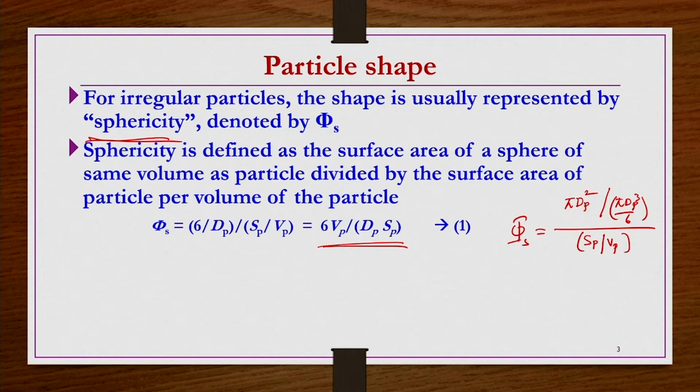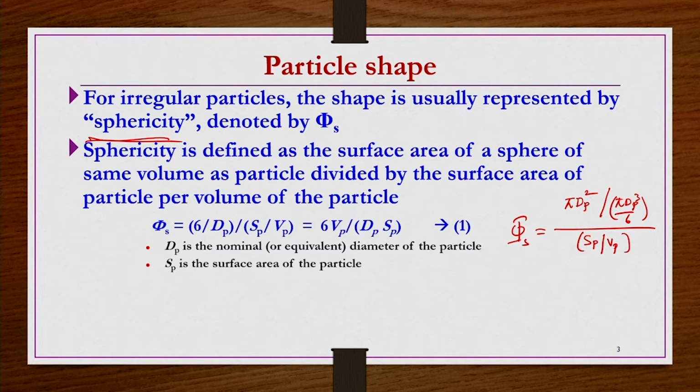That means for a given irregular particle, if you know the volume of the particle, the surface area of the particle, and the nominal diameter of the particle, especially the sphere volume equivalent diameter dp, then you can easily find the sphericity for that particle. Here dp is the nominal or equivalent diameter of the particle, Sp is the surface area of the particle, and Vp is the volume of the particle.